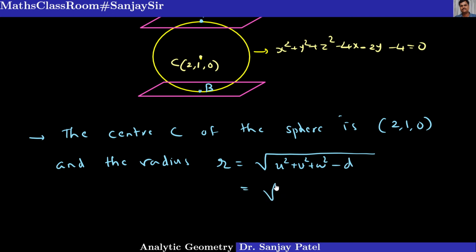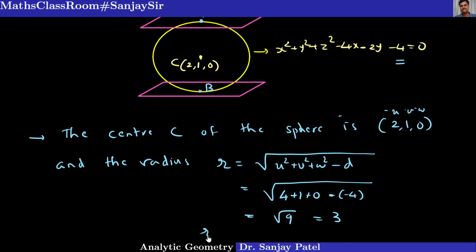Putting the values of u, v, w, we can take plus or minus anything because there is a square. Rather it is minus u, minus v, minus w, but squaring will not make any difference. Then minus d, where d is the constant term, so it is minus 4. So 4 plus 4, 8 plus 1, 9. So this is equal to 3. So the radius of the sphere is 3.